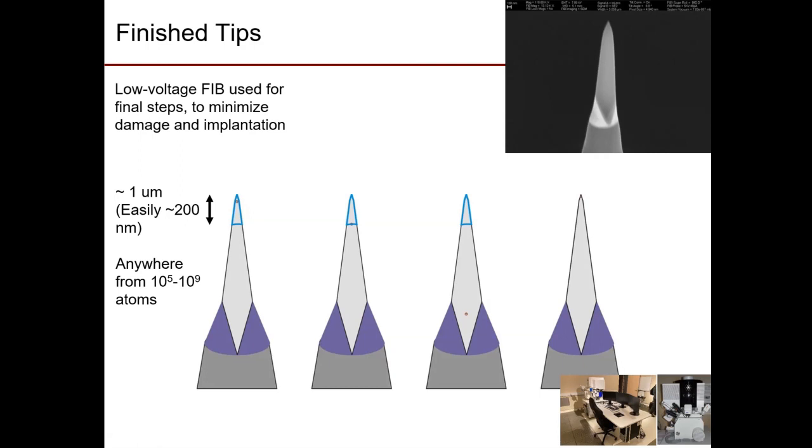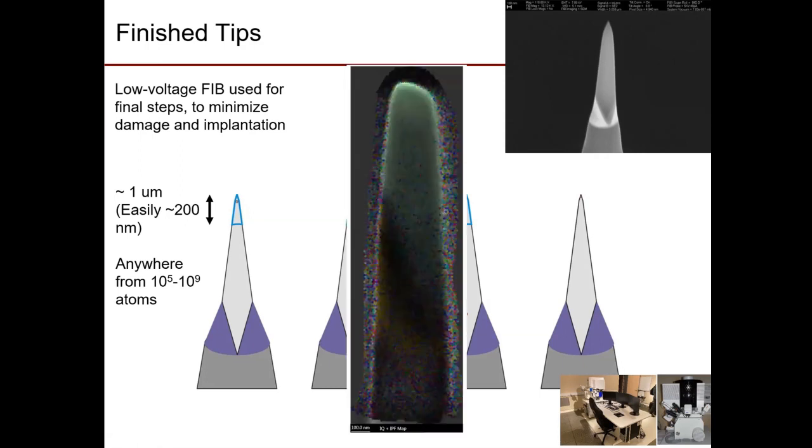Fortunately, we have some tools to help us with this. In addition to the full suite of standard SEM tools, our Helios FIB also has backscatter diffraction built in, which allows crystallographic features to be directly imaged and mapped inside these tips. This is an example of a diffraction pole figure map taken from one of these tips that has one grain near the surface, which is green, and another grain further down, which is slightly visible as yellow, and a dark green boundary between them.